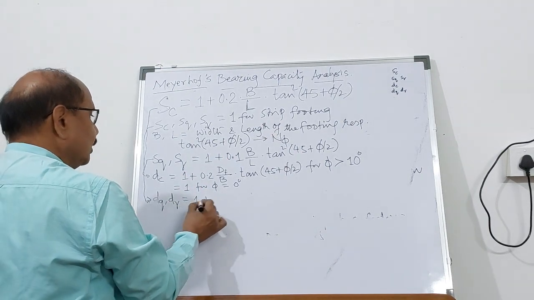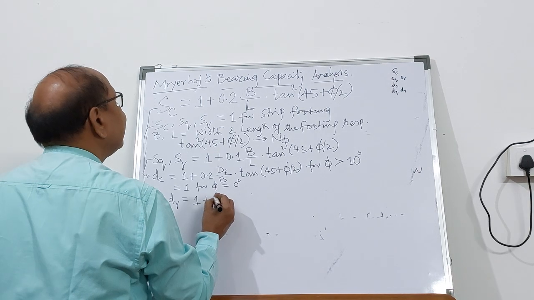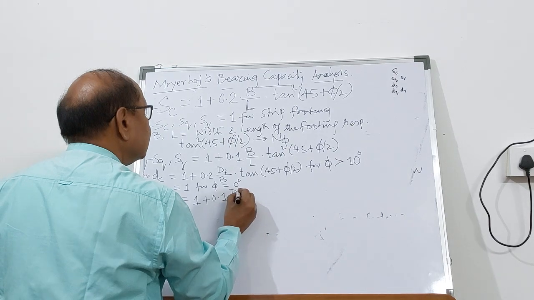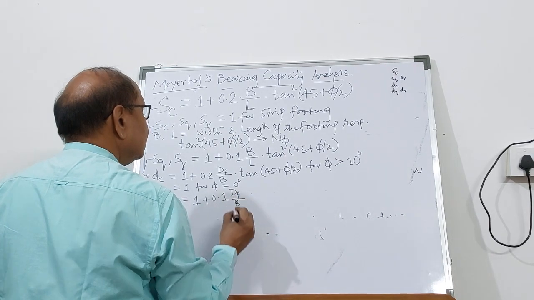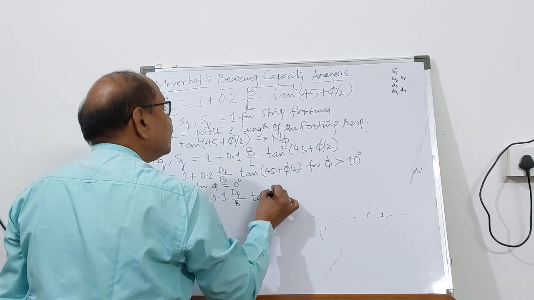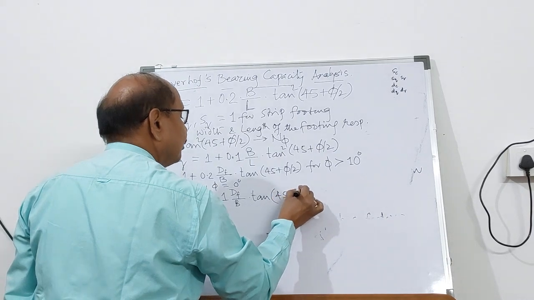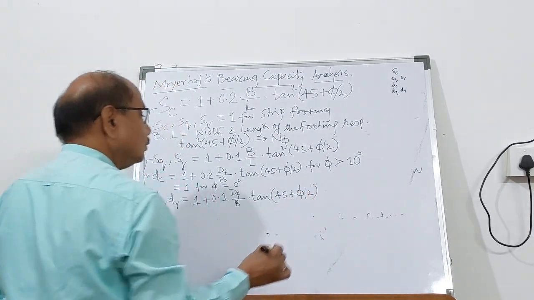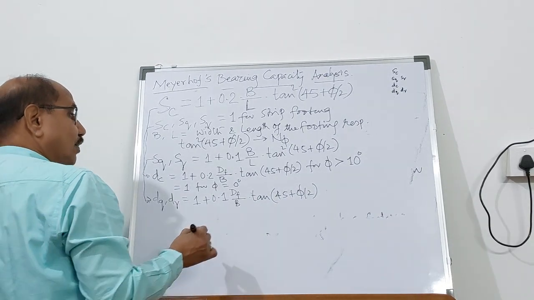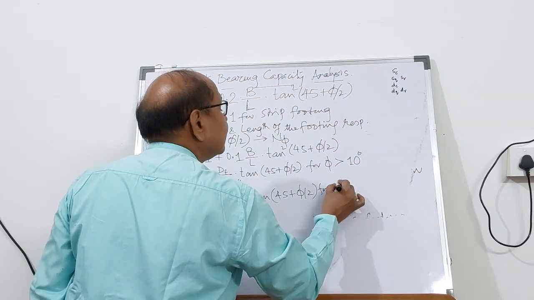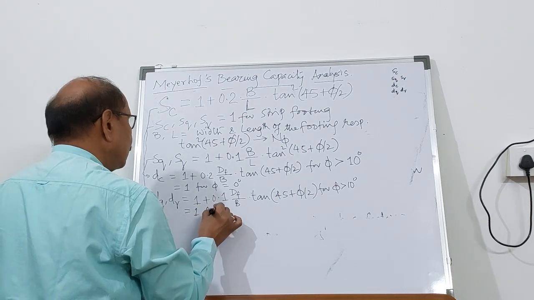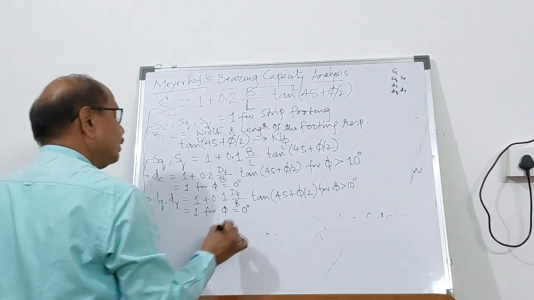Here also d q and d gamma will be 1 plus 0.1 times the depth of foundation divided by the width of the footing, into tan 45 plus phi by 2, for phi greater than 10 degrees, otherwise 1 for phi equal to 0.